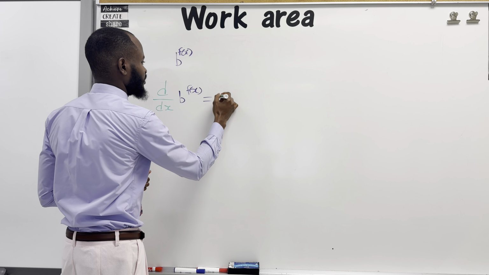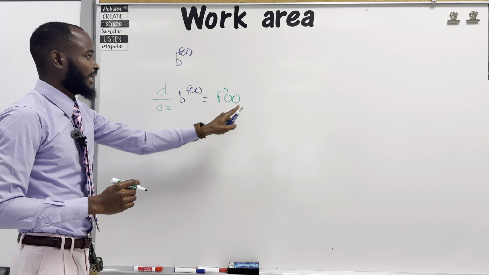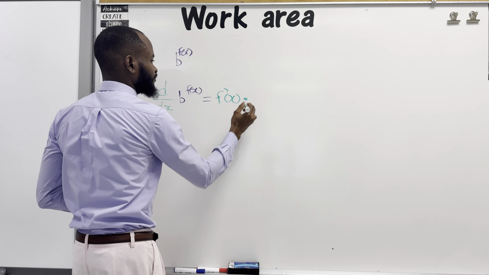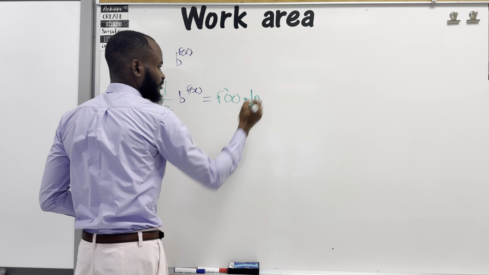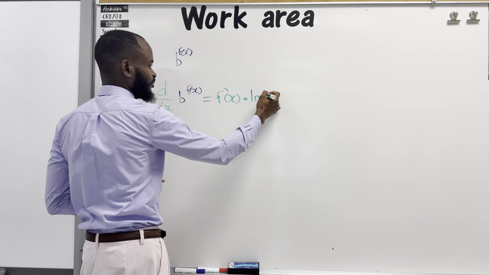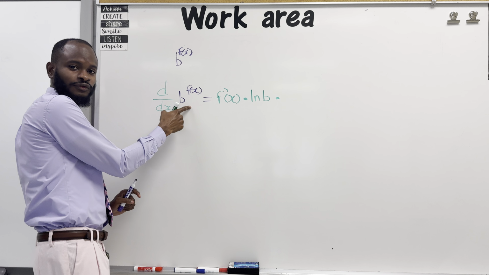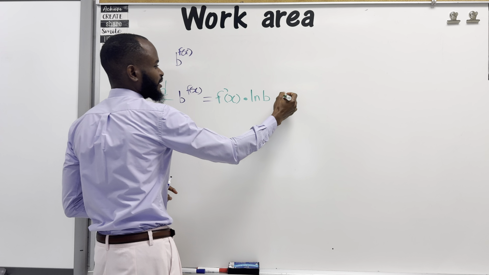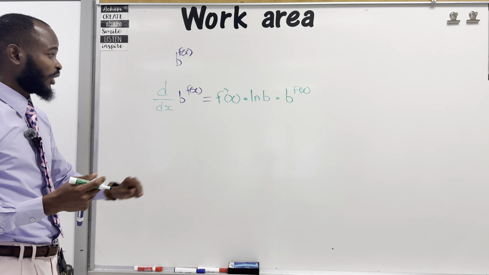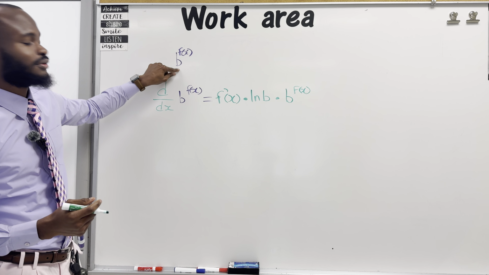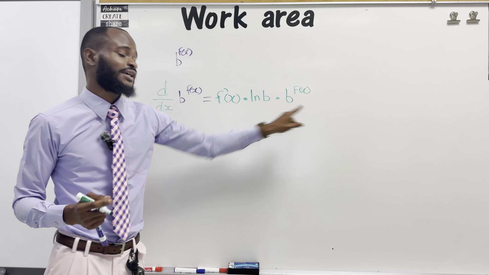We're multiplying that by the natural log, that's ln, of the base, which is b, and we're multiplying that by the original function, b to the f of x. Once you know this, any function written exponentially like this, you can use this to find its derivative.